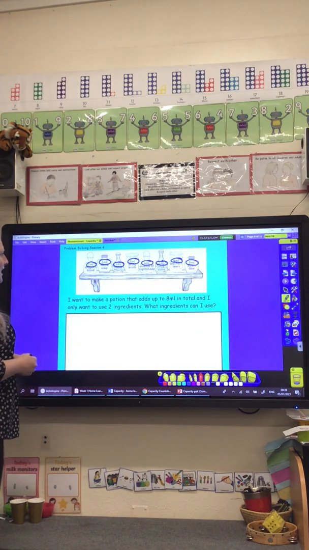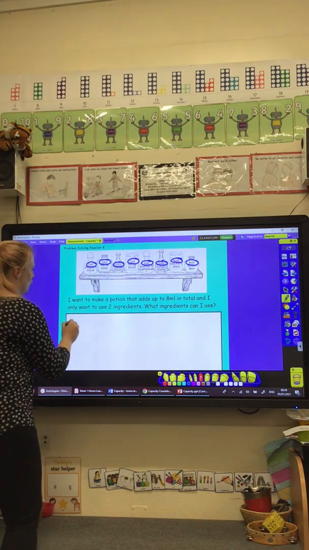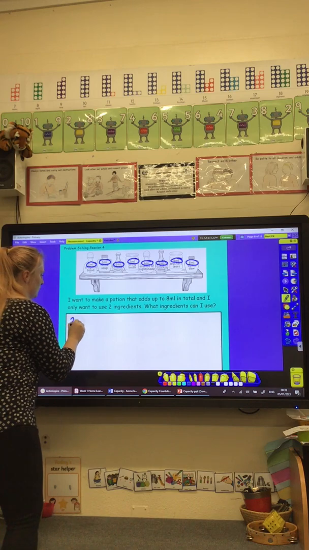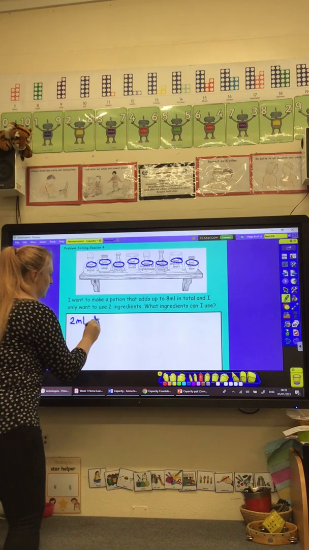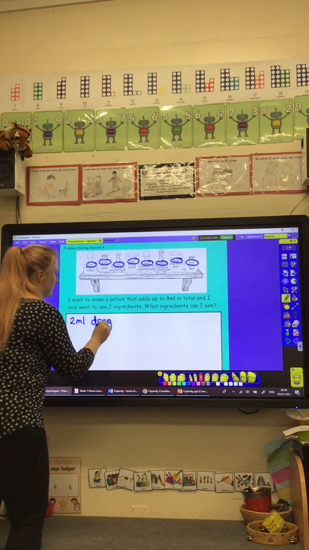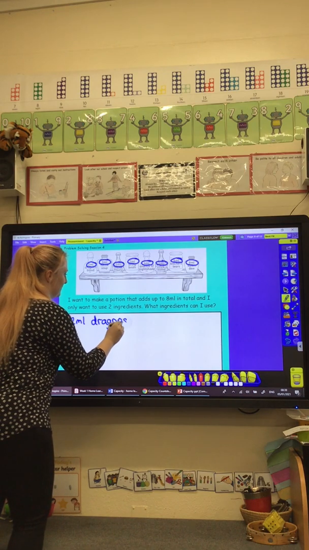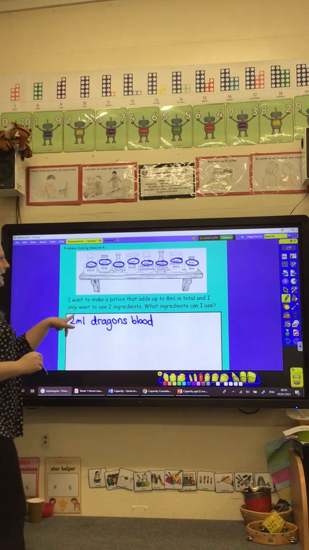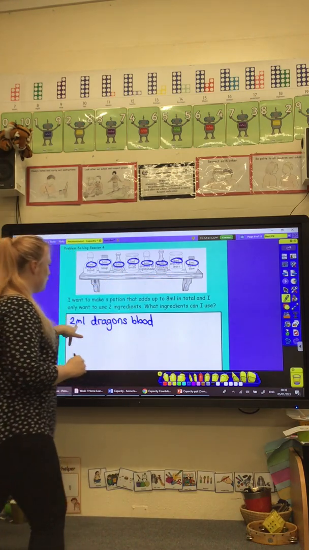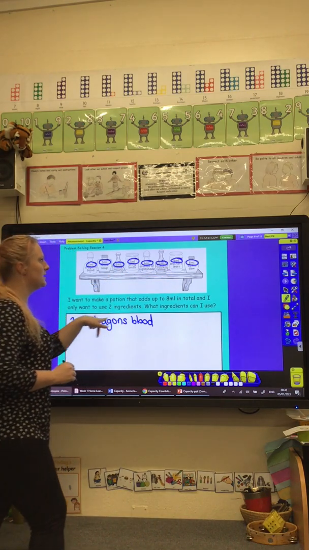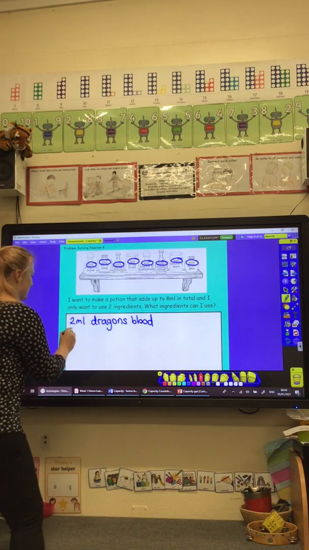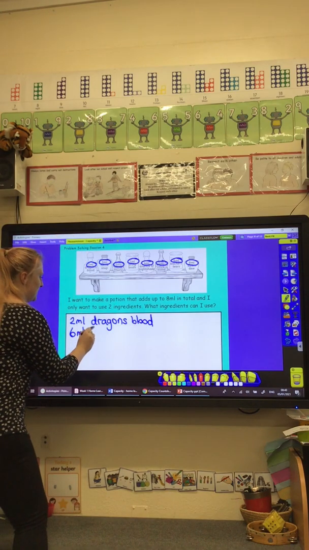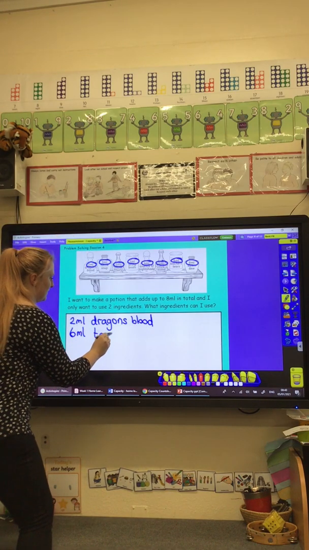Good. Okay, so we could have 2 millilitres of dragon's blood. 2 and what makes 8? Good. And 6. So I'm going to have 2 millilitres of dragon's blood and 6 millilitres of teacher's tears.